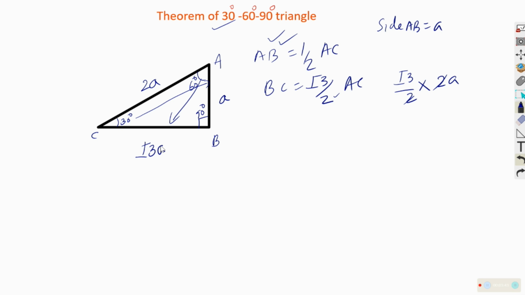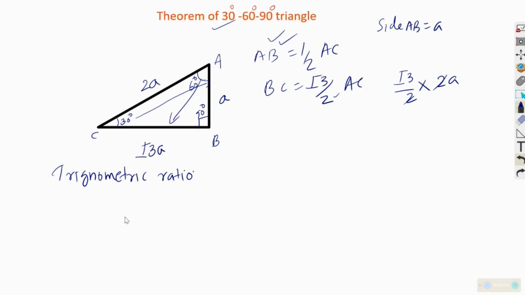If this is true, what are the ratios telling?